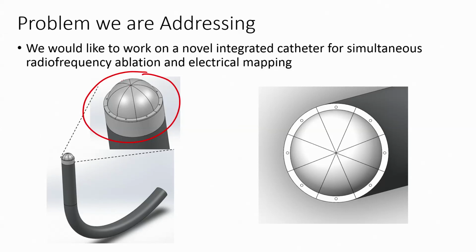Through this outer tip we can give the RF frequency, and we can also make it conductive, so the length of the tip increases. This section can be used for RF ablation, while when it opens up, another catheter from within will come out and be used for electrical mapping. That is our idea.